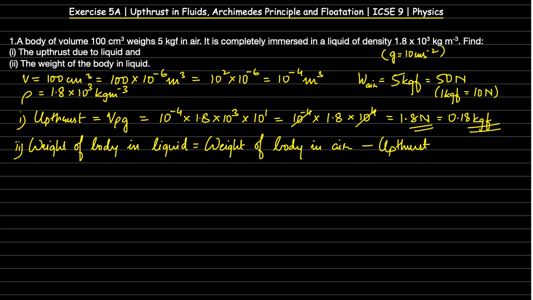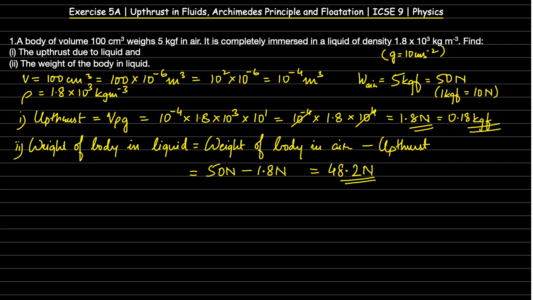So weight of the body in air, it is given in the question as 50 newtons. I am taking SI units, 50 newtons minus upthrust, we got it as 1.8 newtons. So once we subtract 50 newtons minus 1.8 newtons, we get 48.2 newtons.